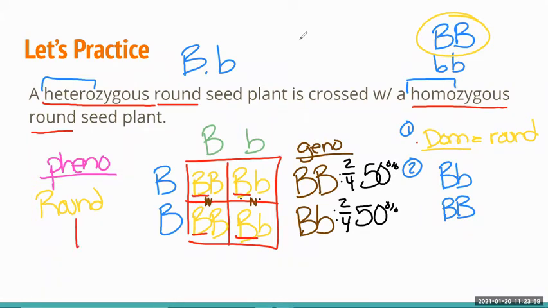So 100% of our babies are going to have round seeds. And that's the genotype percentage versus the phenotype percentage. Another reminder: just write down all the different ones that you see, and then tell me how many of those there are.